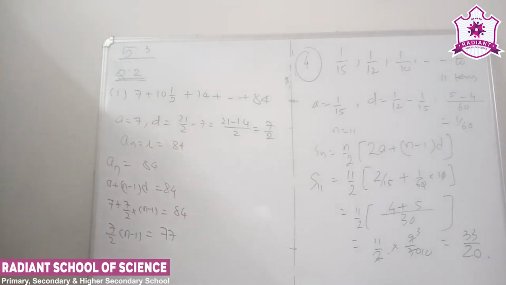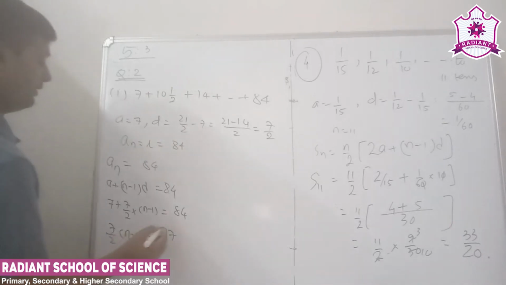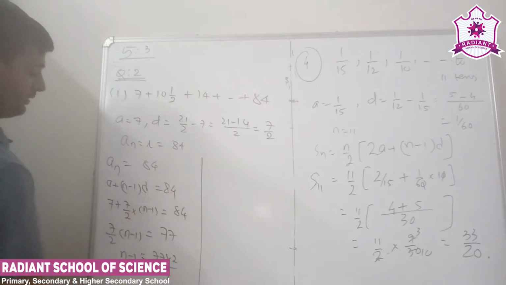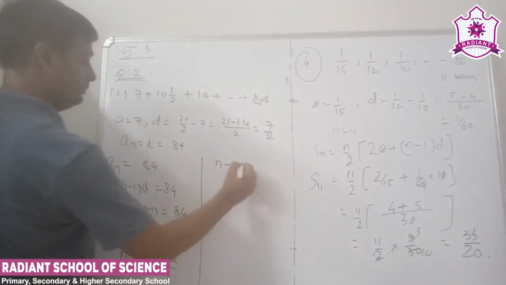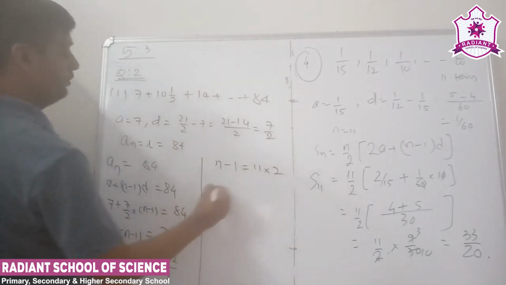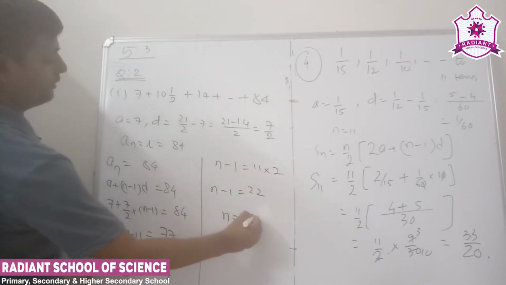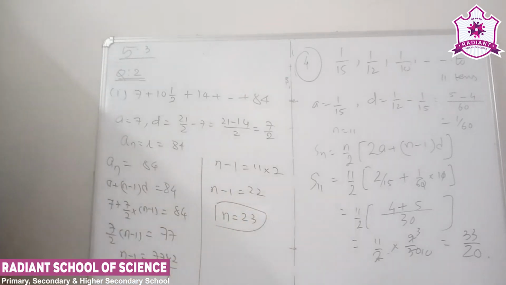Okay, 84 minus 7, so 77. So here n minus 1 is equal to 77 into 2 by 7. Very simple: n minus 1 is equal to 11 into 2. So n minus 1 is equal to 22. So we got n is equal to 23. Understand? n is equal to 23.